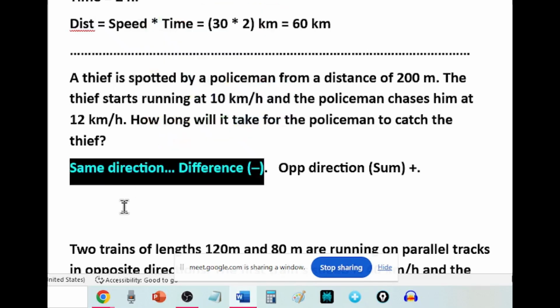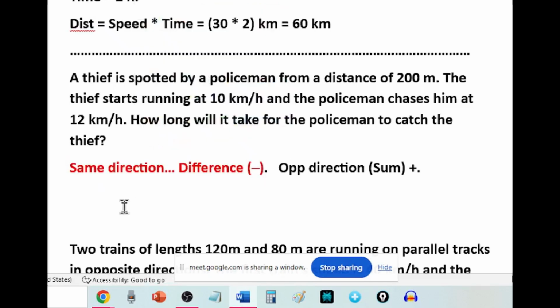It will be minus because they are going in the same direction. So their joint speed will be 12 minus 10. One is 12, one is 10. So 12 minus 10, that will be 2 km per hour.